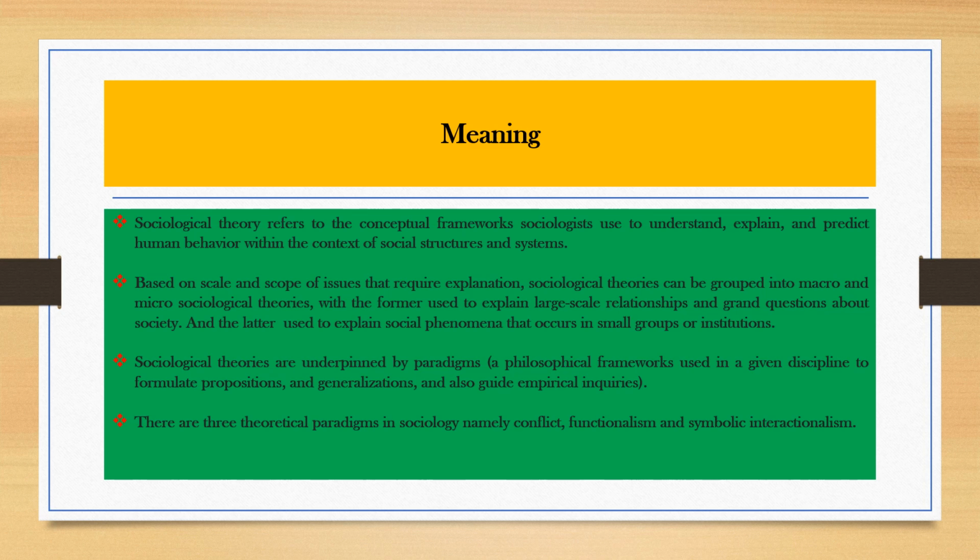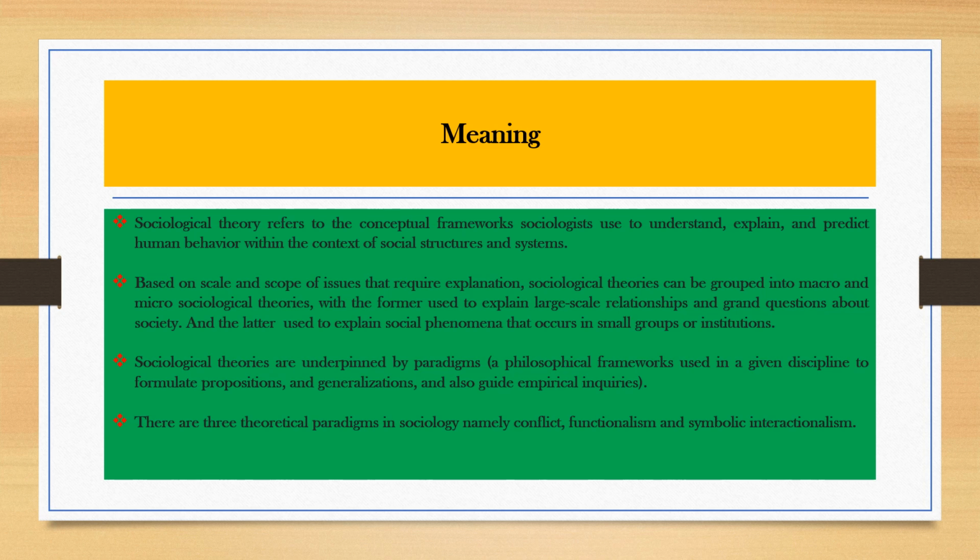One other issue that I want to bring out at this stage is that sociological theories are embedded, or anchored, in what we call paradigms. And by a paradigm, we simply mean philosophical frameworks that are used in a given discipline to formulate propositions or present key arguments or generalizations. In this context, there are three broad paradigms that sociologists use or apply when they want to explain or interpret phenomena in society.